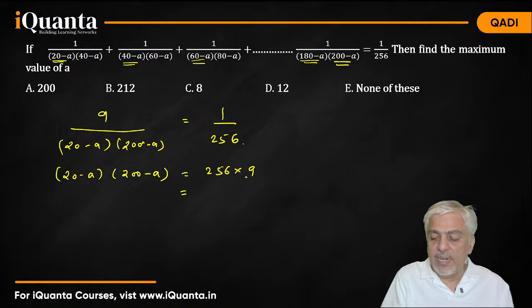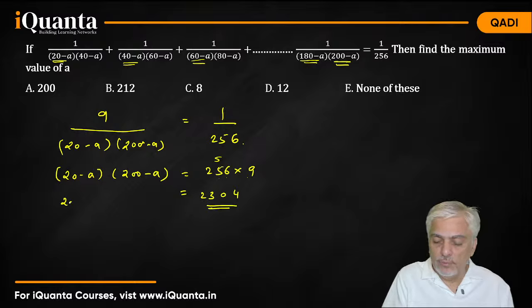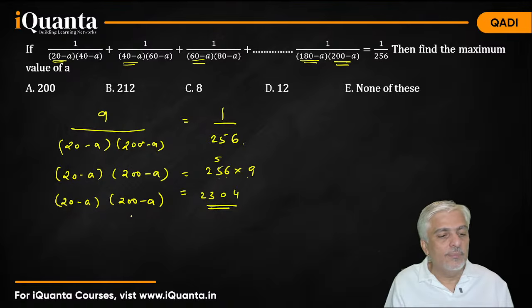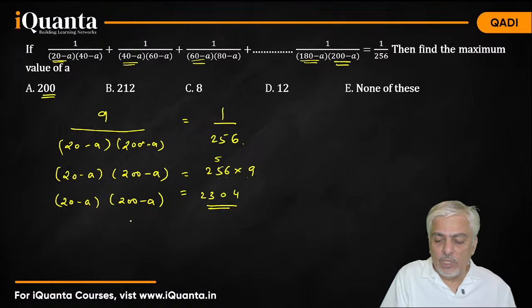How much will that be? 9 6s are 54, 5 carry, 9 5s are 45 plus 5 is 50, 5 carry 2304. You can use options after this if you want. So 2304, 200 cannot be the answer because 200 minus 200 will be 0. So this option is out.